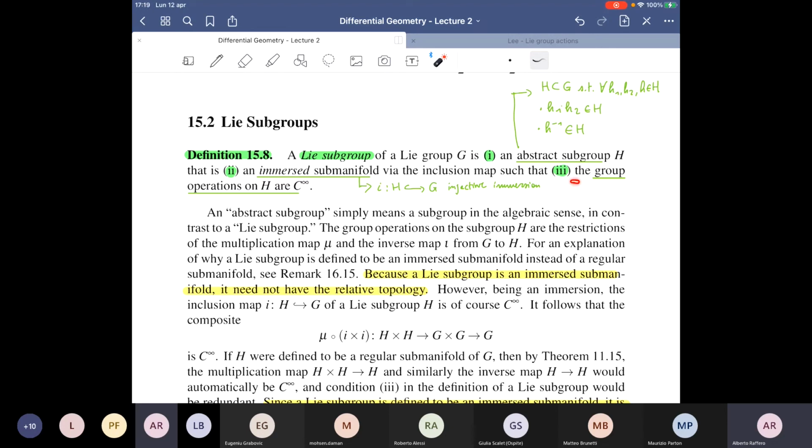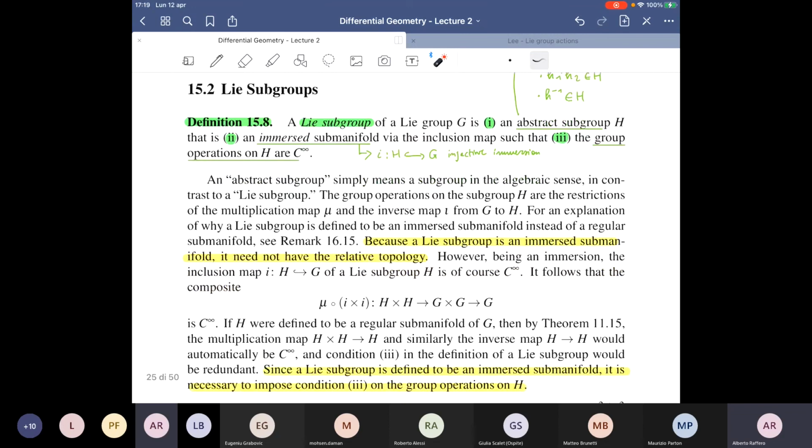And in fact, you have to require that the group operations on H are smooth with respect to the smooth structure you have on H. So the fact that H is immersed means in particular that its image in G via this map does not have the topology induced by G. And so this is why you have to require that the group operations are also smooth. So this is what you need to define a Lie subgroup.